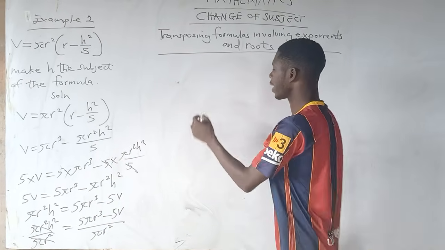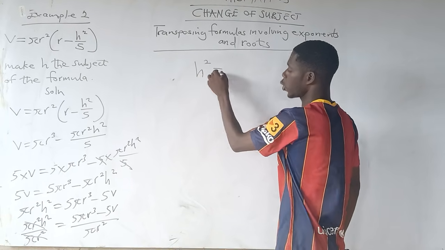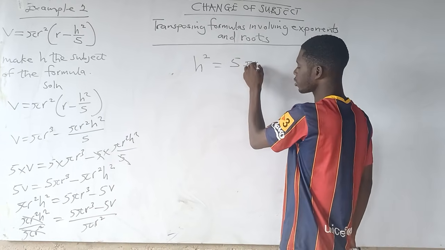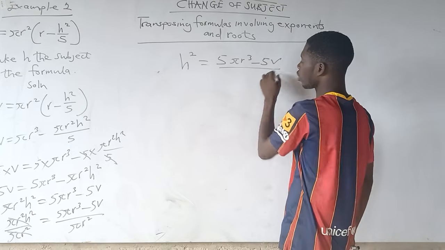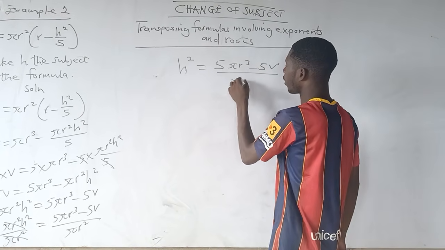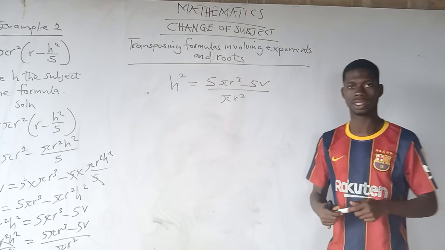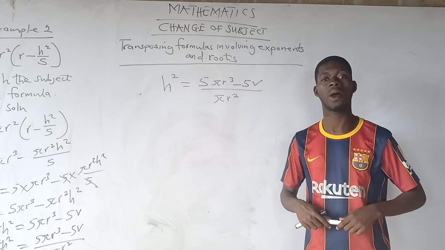Yes. So now we get h squared is equal to 5 pi r cubed minus 5v all over pi r squared, right?